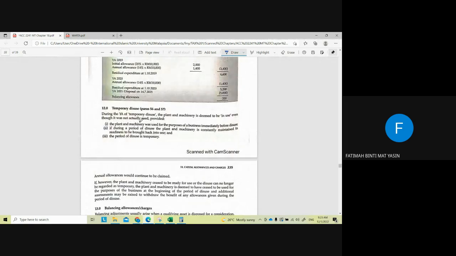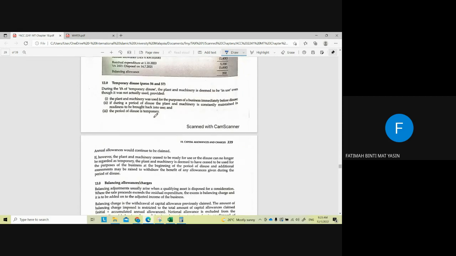Temporary disuse. During the YA of temporary disuse, the plant and machinery is deemed to be in use, even though it was not actually used, provided the plant and machinery was used for the purposes of business immediately before disuse. It means that before the company stopped using the asset, the company used it.